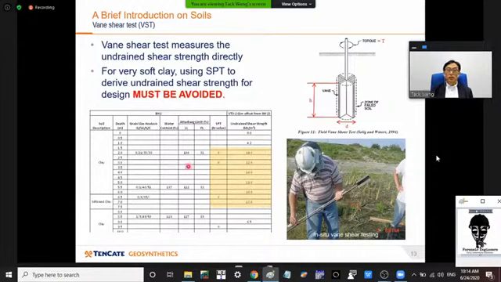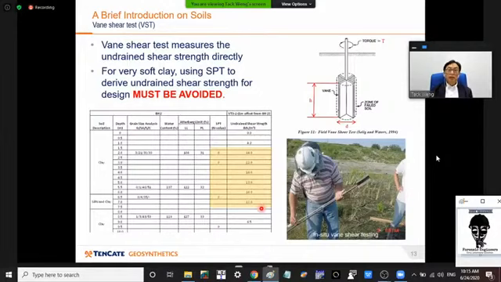This table shows you the SPT is 0, and just beside that is the vane shear test that has determined the undrained shear strength. The correlation gives you a factor. Anything multiplied by 0 becomes 0.